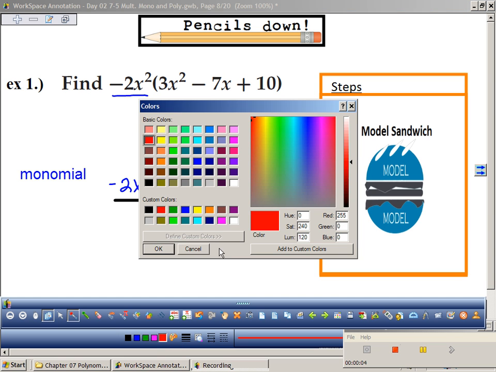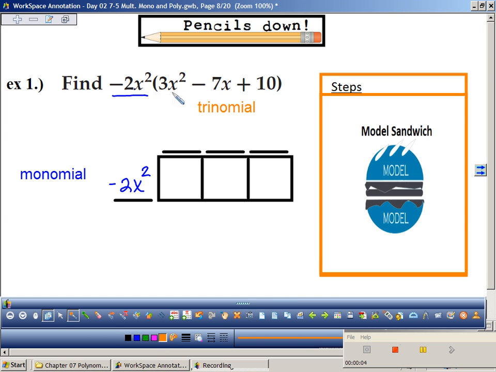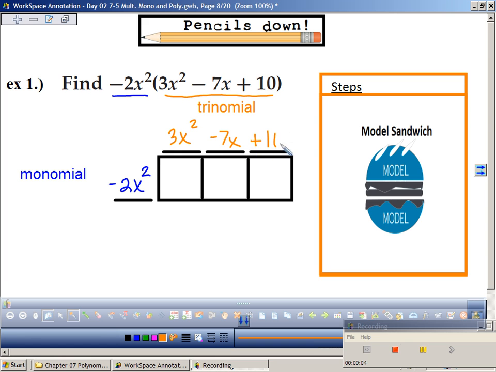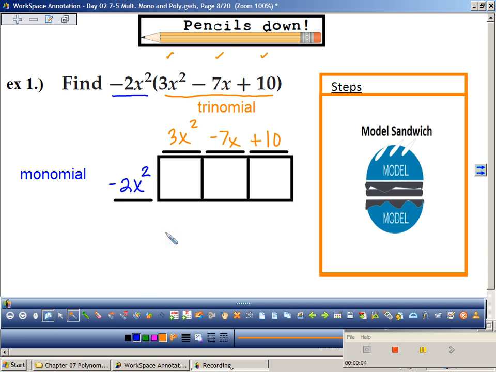And my trinomial is, you guys see this color? 3x squared minus 7x plus 10. Notice that I had to make more boxes because I have more terms. I've got 1 term, 2 terms, 3 terms. And we're multiplying it by 1 term. So I've got a 1 by 3. See that? My box?